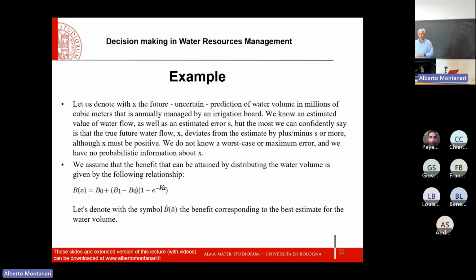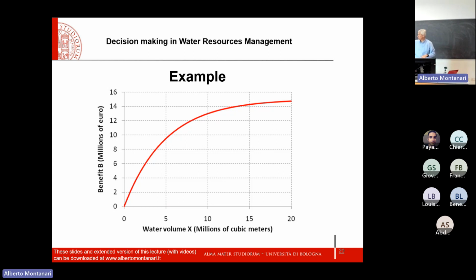Is it clear? It's not indicated in the graph. I don't put here where X tilde is, maybe 10, maybe 15. Let's keep it completely arbitrary for now. But I hope it's clear that in this range of benefits, you may extend also here to 25 to 30, and in the range of X, there is a best estimate.